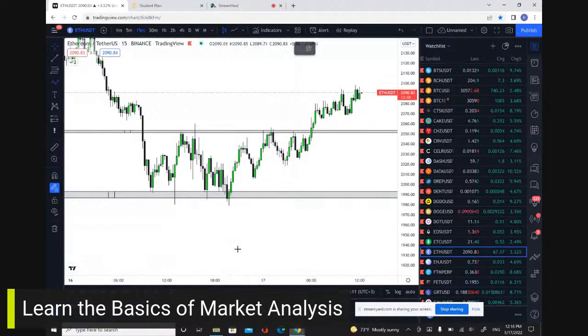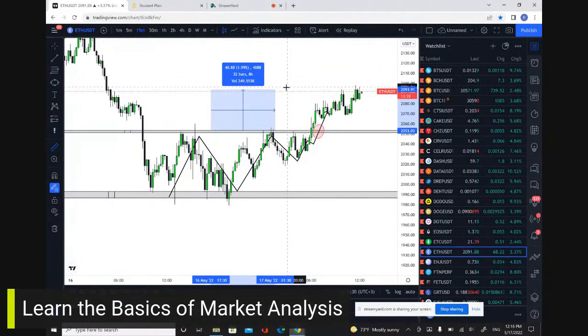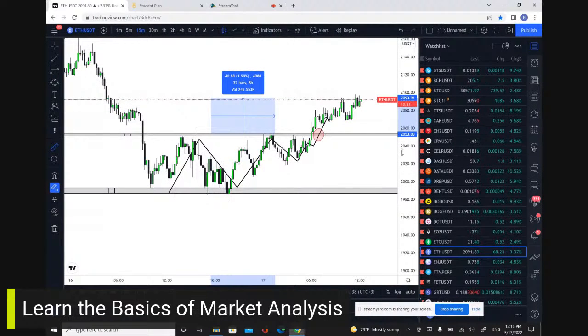Breaking this level right here, I will put a red mark where there is a buy signal. Breaking this level, which is the 2050 level, was a buy signal, and you could have profited around $40 to $50, sorry, with this trade. So this is how quickly we should identify a zone.